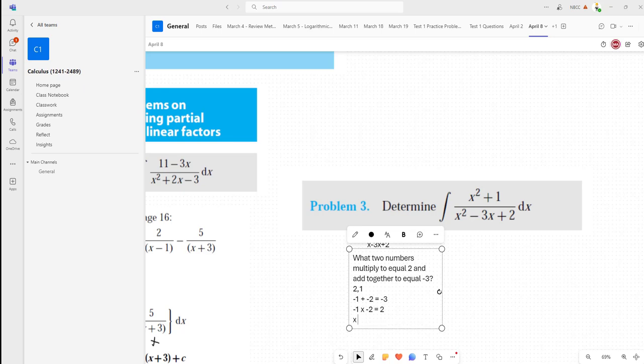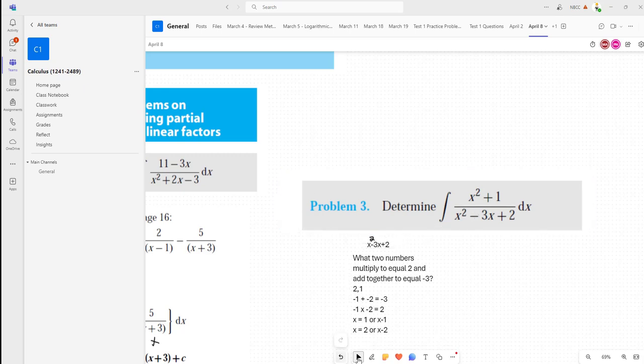So we have x is equal to 1, and we have x is equal to 2 in this case, right? Or factorized, we have x minus 1, and in this case x minus 2, right? So it means we take 2 to the other side.